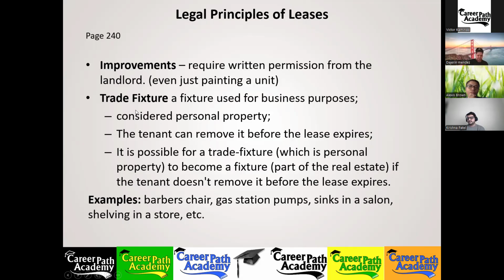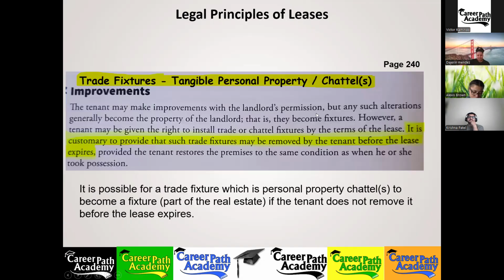Some examples of trade fixtures could be barber chairs that may be bolted to the floor, gas station pumps, sinks in a beauty salon, shelving in a supermarket, the ranges and hoods in restaurants. These things must be removed by the tenant before the lease expires. Otherwise, they become the property of the landlord.